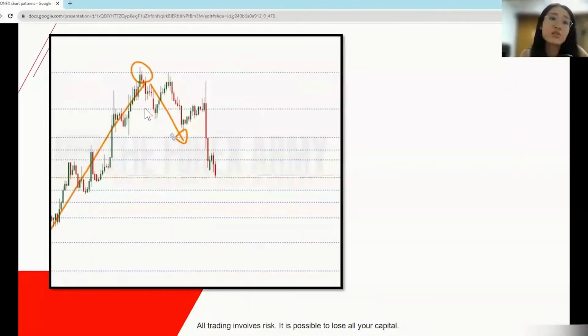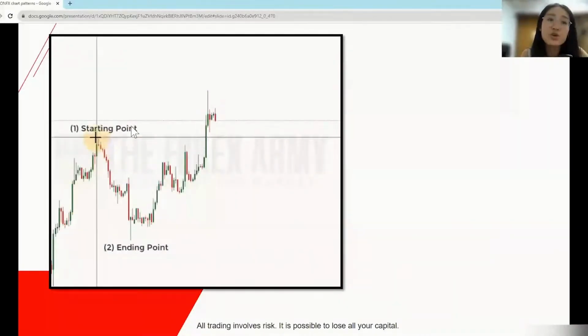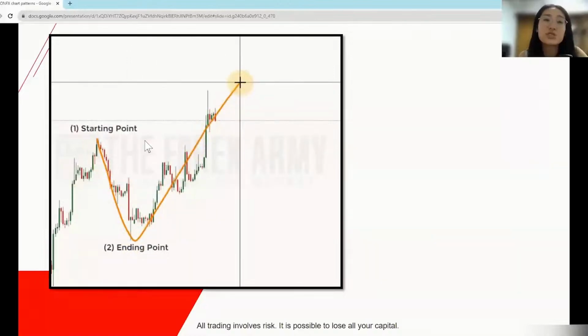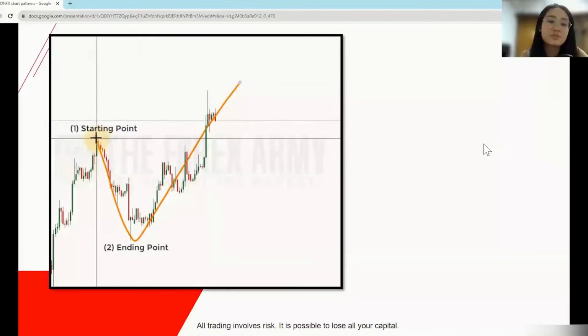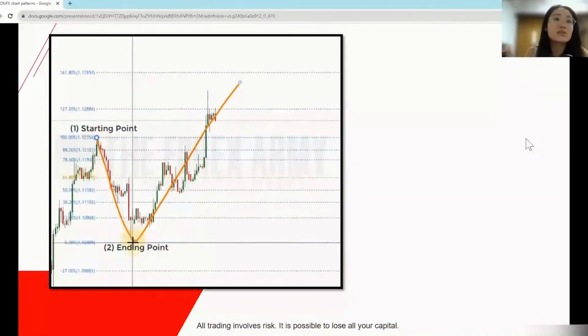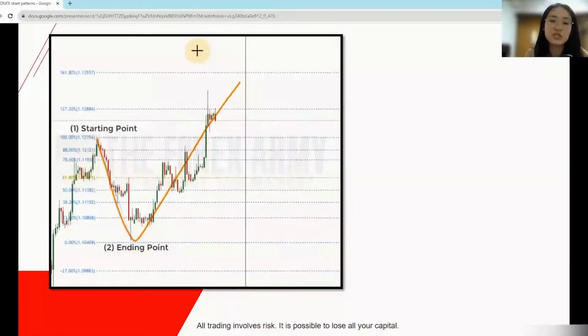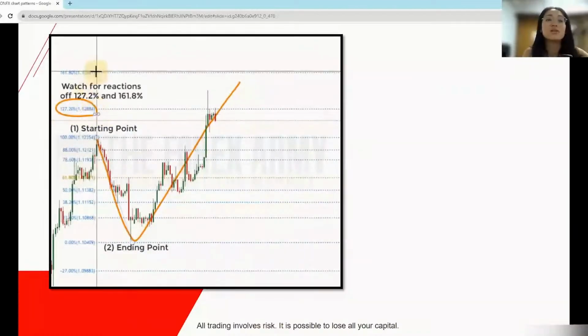Once price breaks out of the 127, then you can go ahead and assume that price is going to reverse off of the 161.8. Okay, I'll let you guys watch the GIF a couple of times and then we can move on.